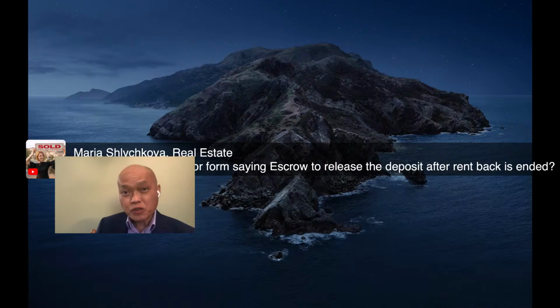So the buyer is supposed to get the deposit before the escrow closes. Why make the escrow hold on to the security deposit? And then whether or not the seller breaches the lease, you still have to take the extra step or do the extra paperwork to deal with the security deposit with the escrow.